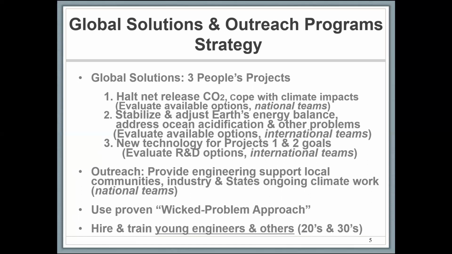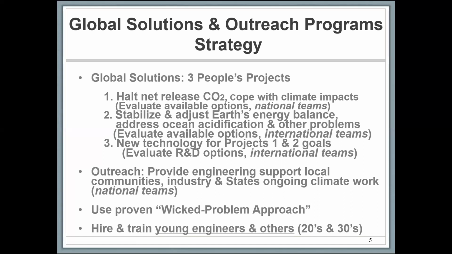Lastly, we will hire and train young engineers, economists, social political experts, and other specialists in their 20s and 30s to lead and execute the global solutions and outreach programs. Why so? Well, they have the requisite energy, boldness, and self-interest drive necessary to do the job, and they will be here to implement the solutions.